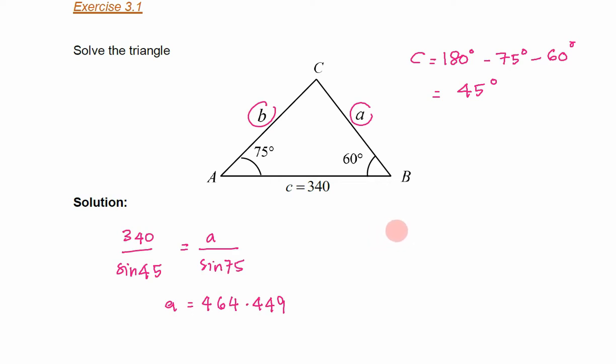Then B, again, let's say I just choose the same thing, 340 and sine 45. And B is for sine 60. So your B will be equal to 416.413.